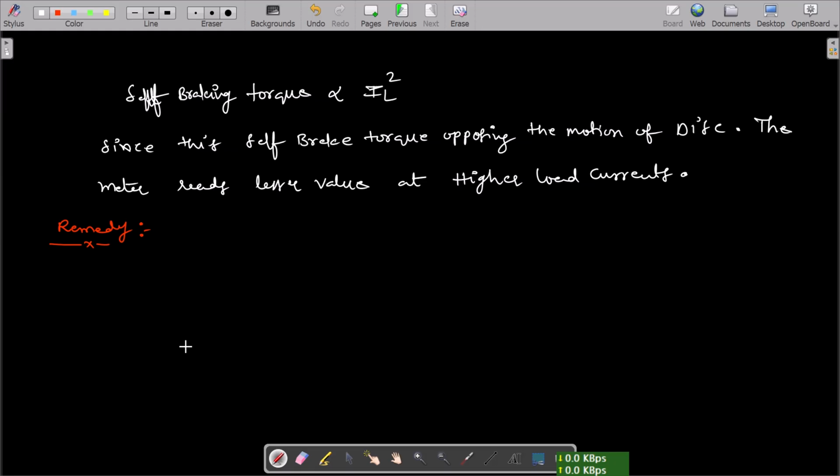Torque is generated because of the interaction of the flux and the motional eddy currents. So if no flux touches the disk, there is no self braking torque, and the meter will read the normal reading. That is the thing.